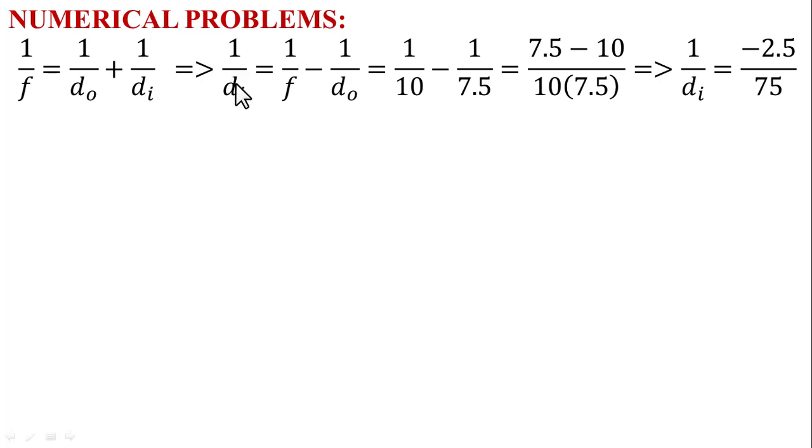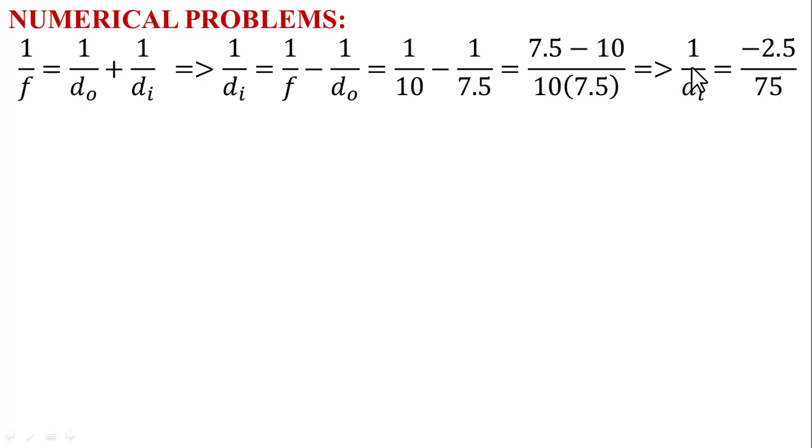This implies that 1 upon di is equal to 1 upon f minus 1 upon d naught, 1 upon 10 minus 1 upon 7.5, that is equal to 7.5 minus 10 divided by 10 multiplied by 7.5.